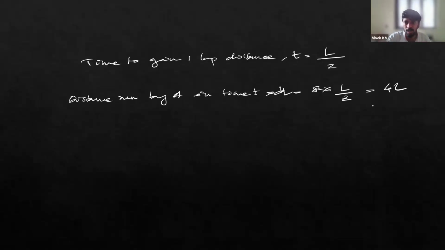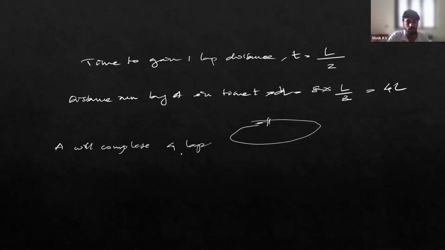So 4 times L means A has to complete 4 rounds of the total length, which is L. A will complete 4 laps or 4 rounds before overtaking B. We got it by calculating the time to gain 1 lap distance.